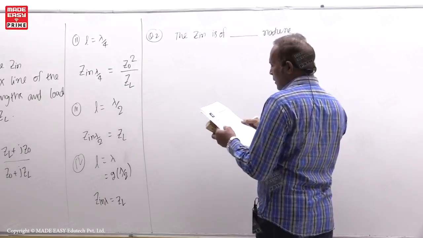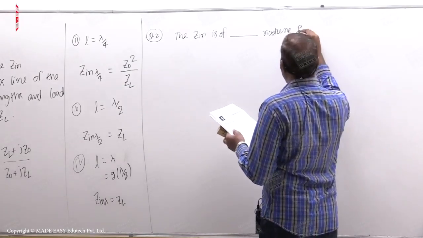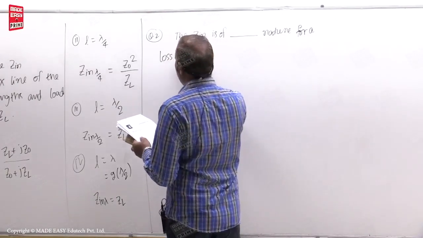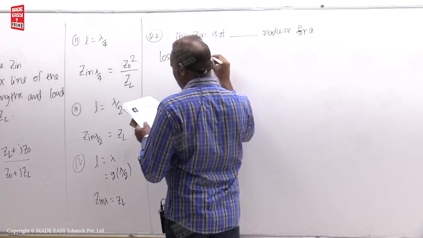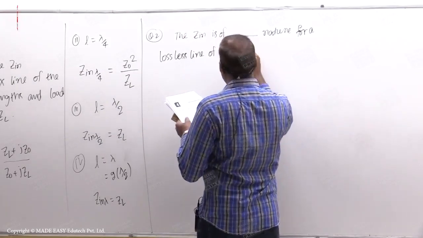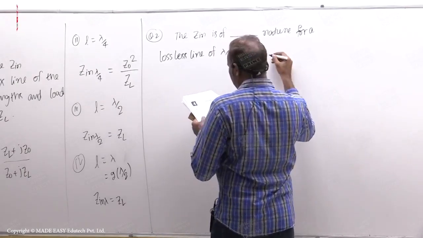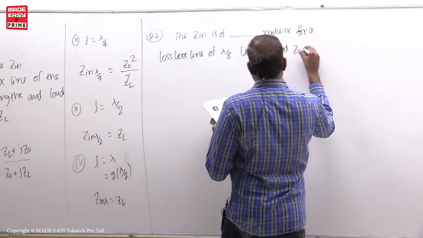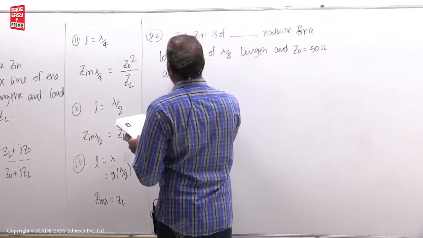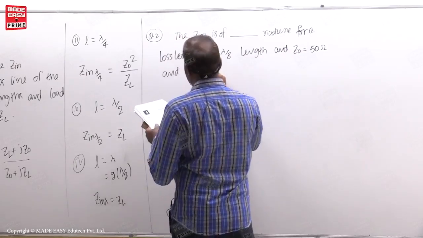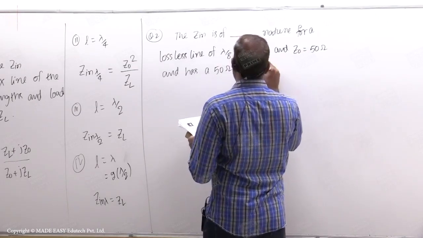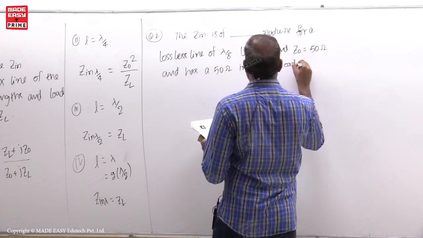The input impedance is of which nature for a lossless line of lambda by 8 length, with Z0 equal to 50 ohm and a 50 ohm inductive load.